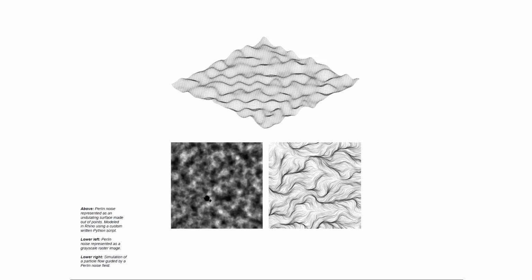Because this algorithm has been optimized since the end of the 80s or the beginning of the 90s, when it was first invented, it is very fast. So it's used in the entertainment industry, in games.